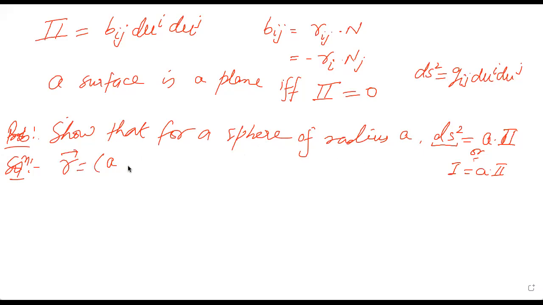The spherical coordinates of the sphere: a cos theta cos phi, a cos theta sin phi, and a sin theta. You should remember these coordinates; I have used it several times.